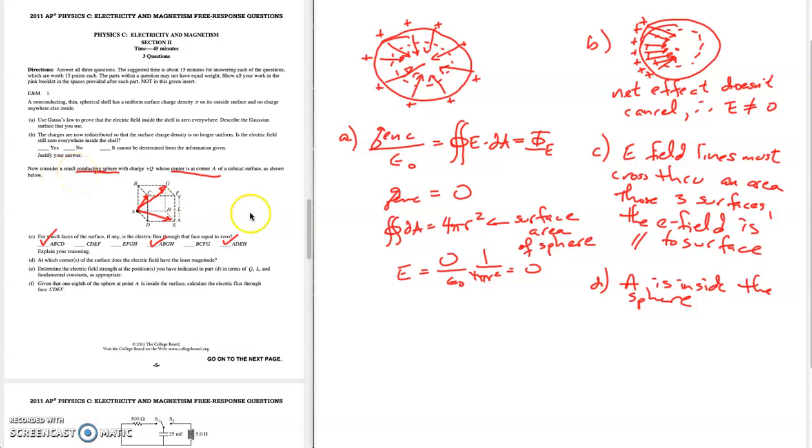Also, it's conducting. So E_A equals 0. All of the other labeled vertices have a non-zero electric field at them. A is a special case, and this sentence is very important for answering part D. All right, E.